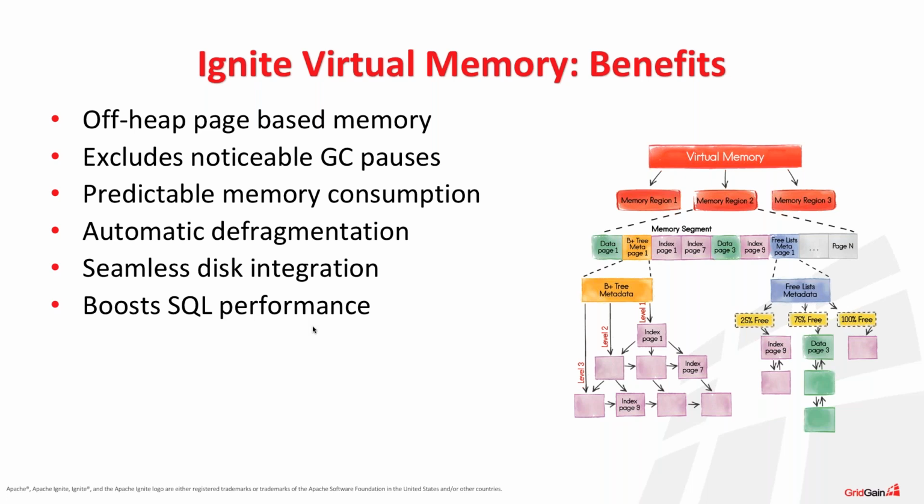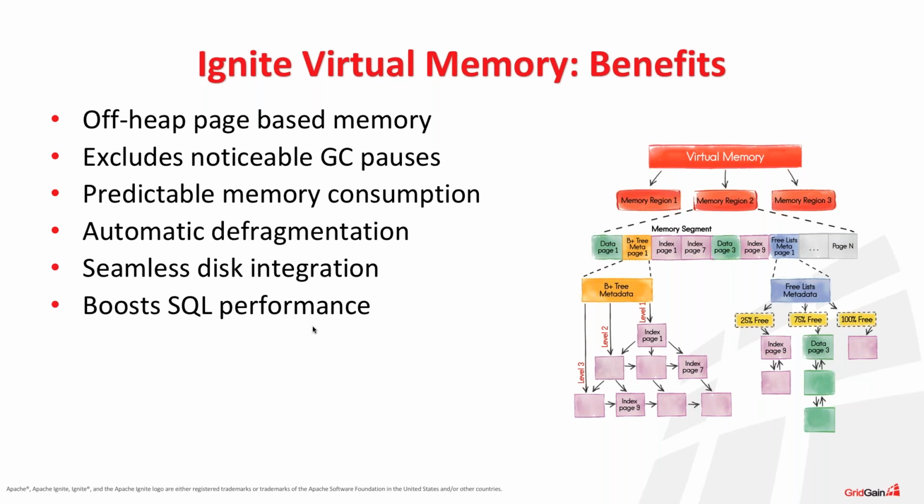But in general, the Apache Ignite virtual memory architecture resolves the following things listed on the slide to the left. First, this is an off-heap page-based memory. Now, all the data is located in an off-heap region, meaning that Java garbage collection is not done through this region, and that region is fully managed by Apache Ignite virtual memory routines.